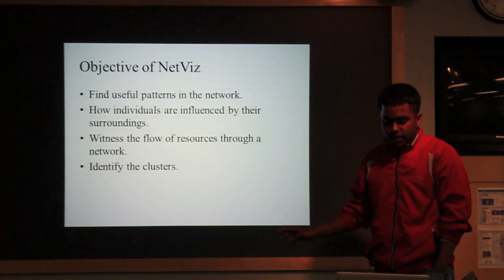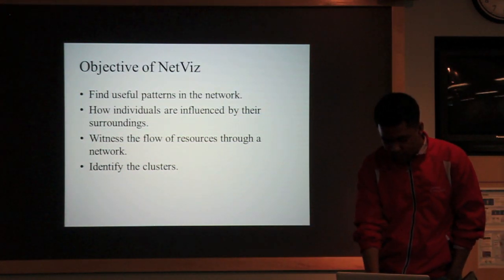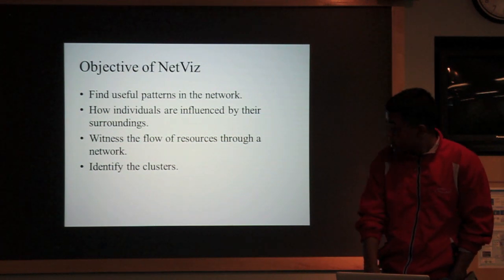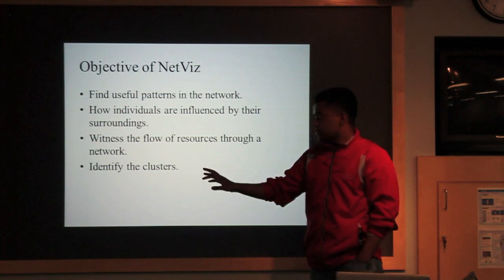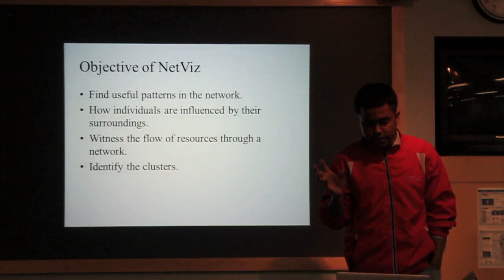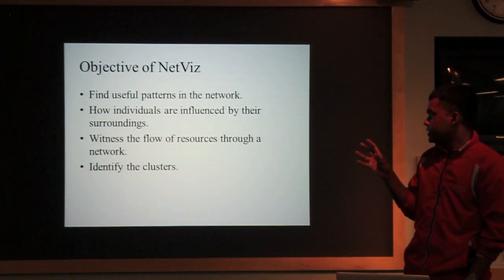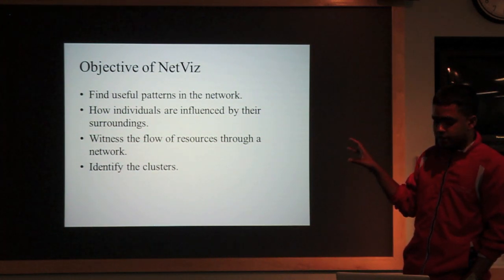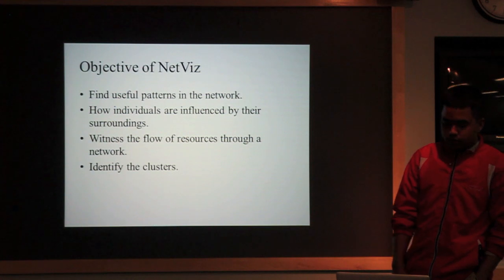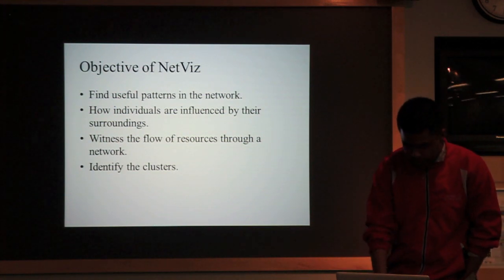And also in a computer network, we try to figure out the flow of resources. And another important thing is identifying clusters. Clusters are combinations of similar kinds of nodes that have a common property. So if some nodes have a common property, we can cluster them using various clustering algorithms. So these are some common objectives of network visualizations.